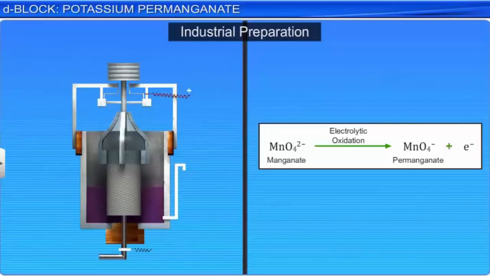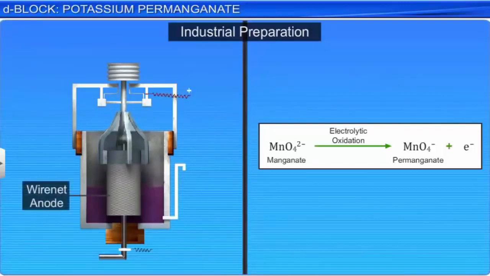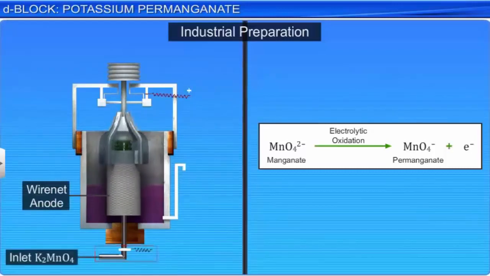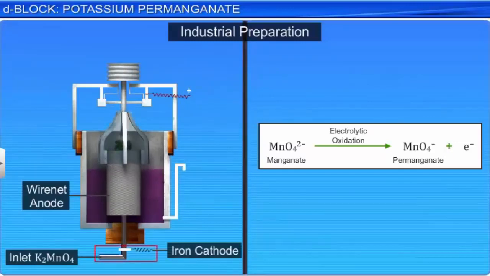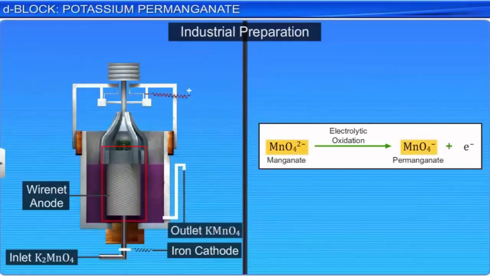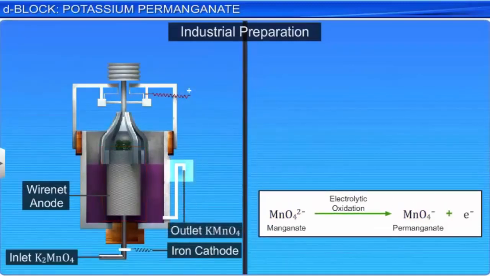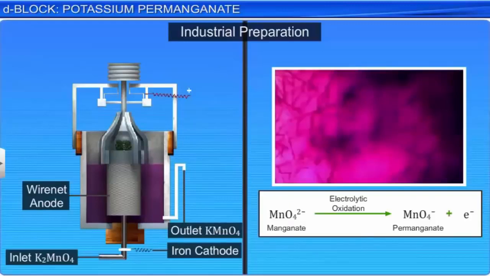An inlet pipe made of iron for the liquor acts as the cathode. The oxygen liberated at the anode converts manganate into permanganate. The purple solution containing potassium permanganate is evaporated under controlled conditions. Potassium permanganate then crystallizes out.